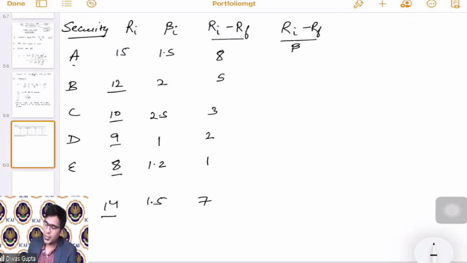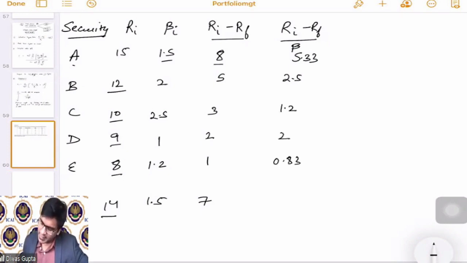So that means 8 divided by 1.5, which is 5.33. Then 5 divided by 2, 2.5. Then 1 divided by 1.2, 0.83.